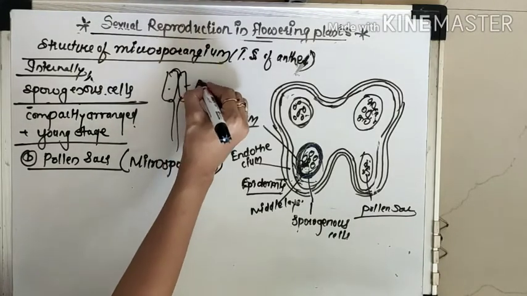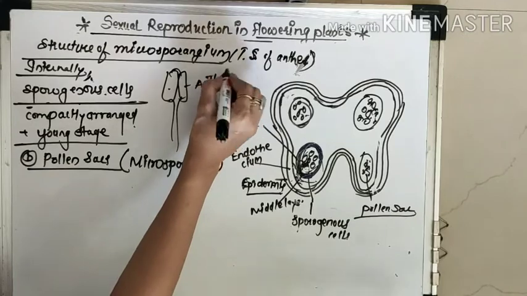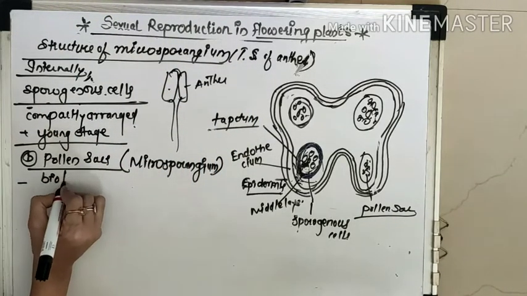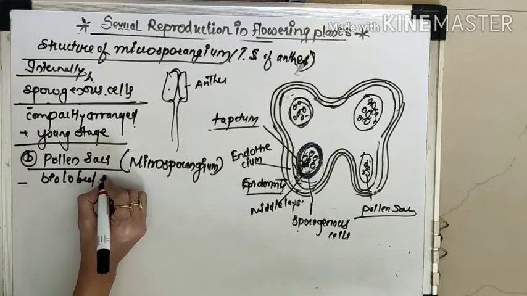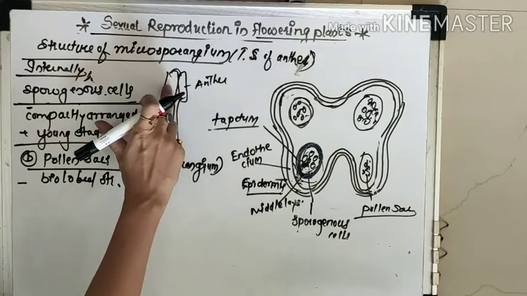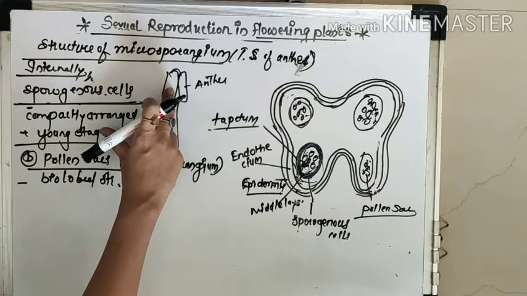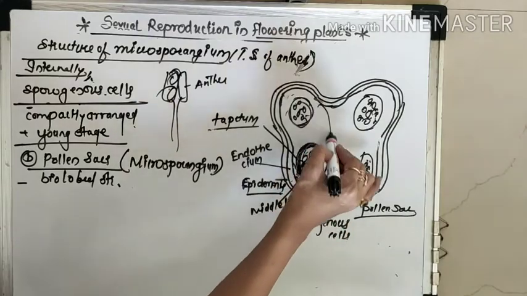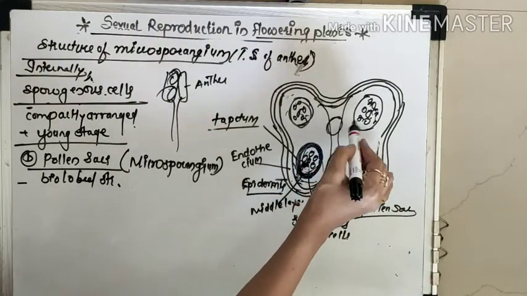This is the anther, a bilobed structure, and each lobe contains 2 sporangia. This is one lobe, this is the second lobe.